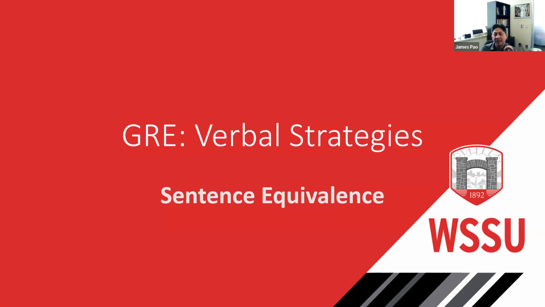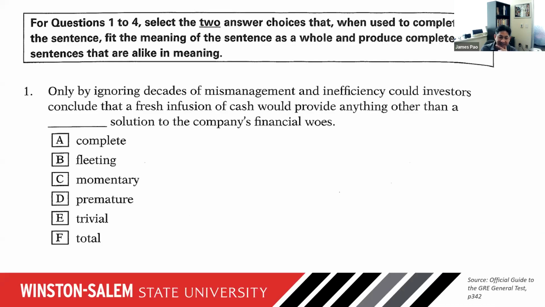I'm going to go to sentence equivalence. What is sentence equivalence? Well, like you can see at the top, it's going to ask you to select 2 of the options to fill in the sentence. And those 2 options out of A, B, C, D, E, F, notice there are 6 answer choices. You're going to pick 2 out of 6.